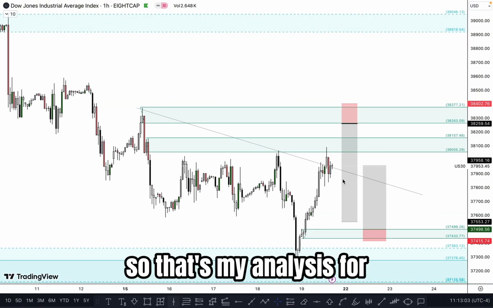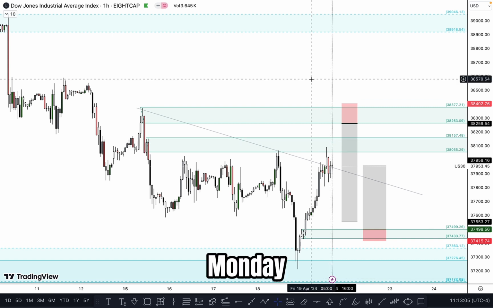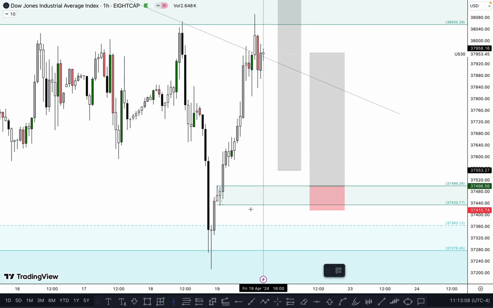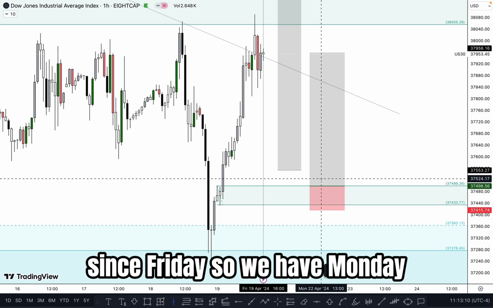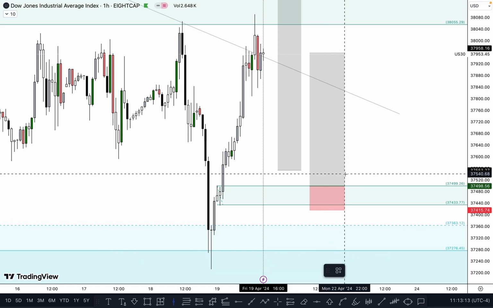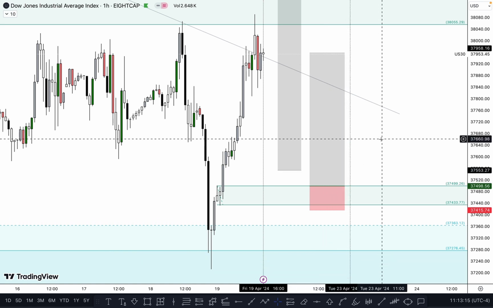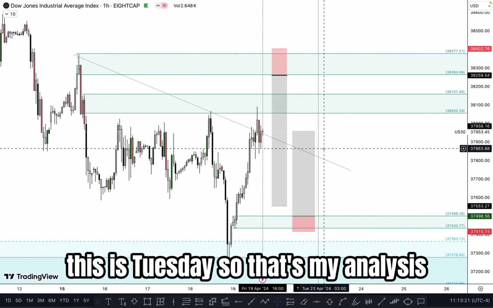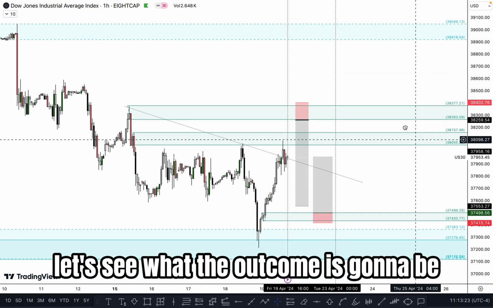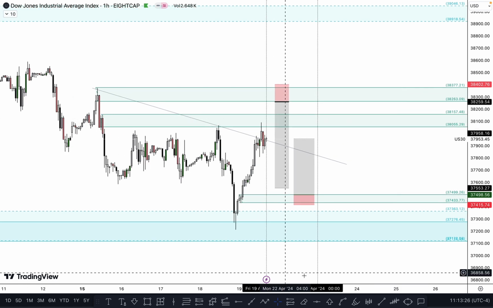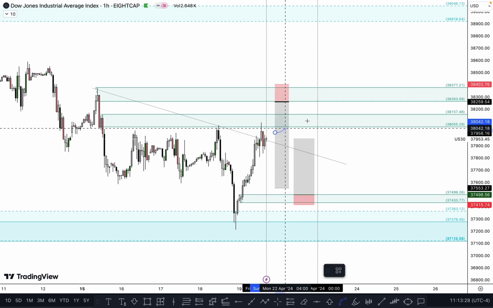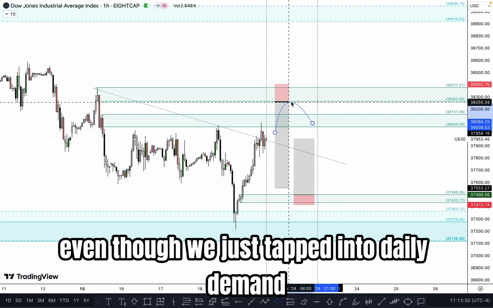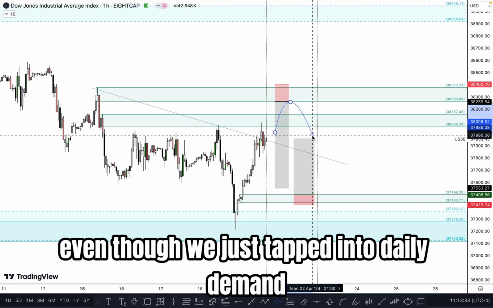So that's my analysis for Monday. This is Friday, so we have Monday. This is Tuesday, so that's my analysis. Let's see what the outcome is going to be. I'm more leaning towards shorts, even though we just tapped into daily demand.